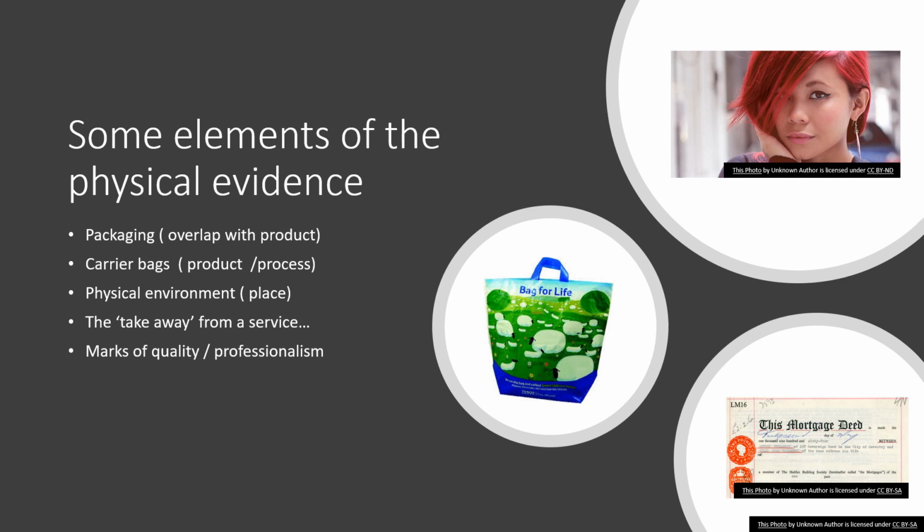It's showing people their name. So what we're talking about here is what you're going to take away from the service. And that's going to be very, very different depending on the type of business that you're talking about. It could just be the product itself, but it may well be slightly different from that.